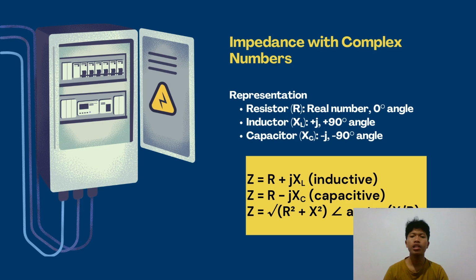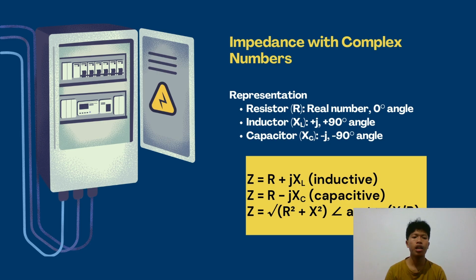It's purely resistive. And the inductor: XL is represented as plus jXL with a plus 90 degrees angle. And the last is the capacitor: XC is represented as minus jXC with a minus 90 degrees angle.